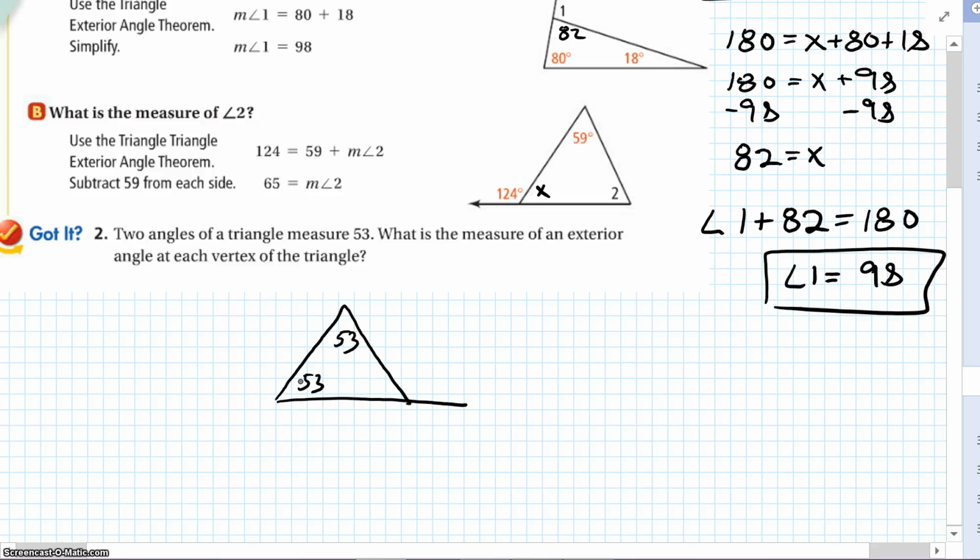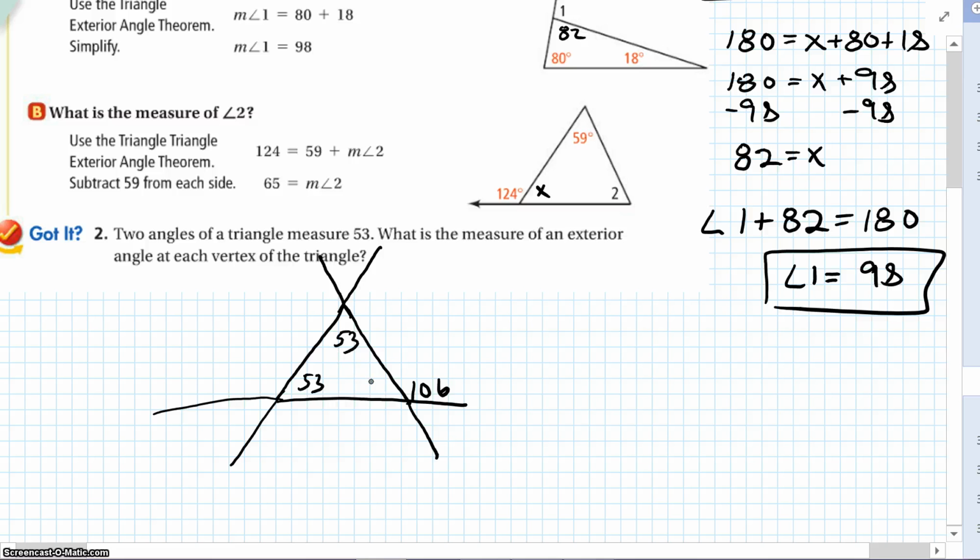What is the measure of an exterior angle at each vertex of the triangle? So that's easy to find, right? This one is just going to be the sum of 53 and 53. So this one will just be 106. Okay, makes sense.